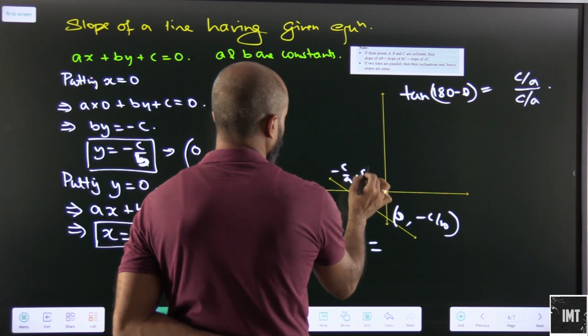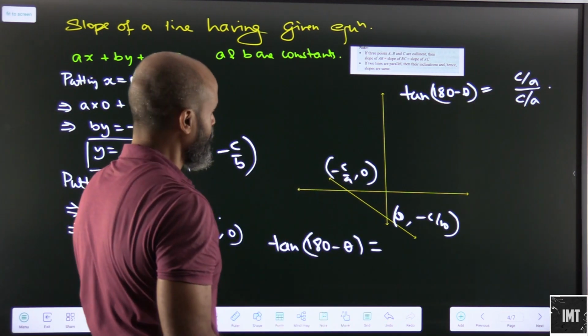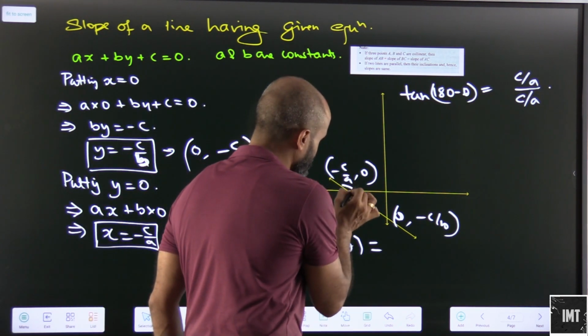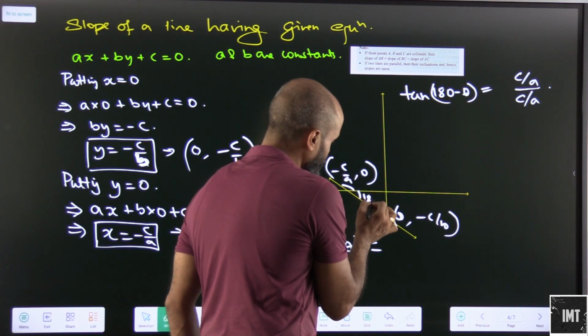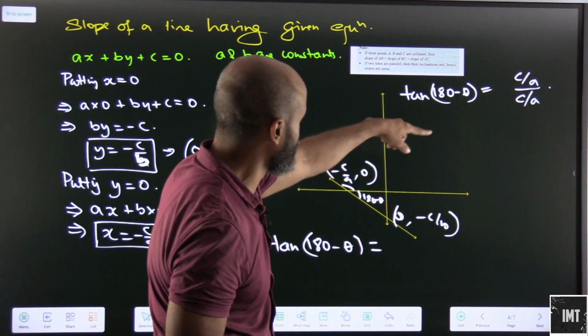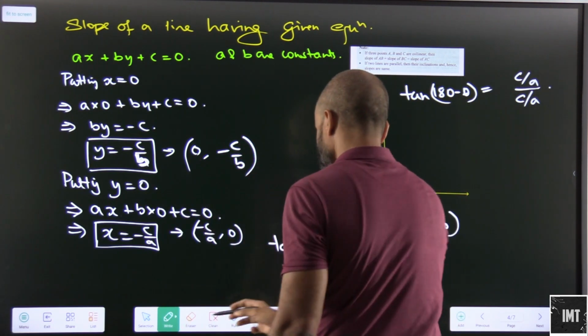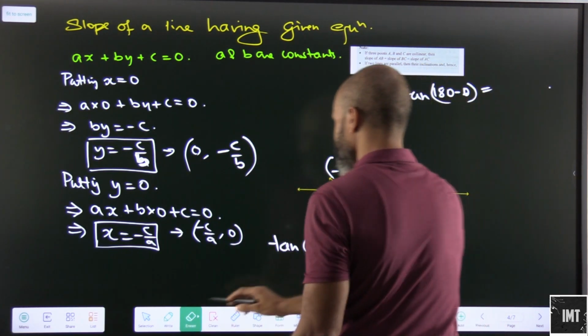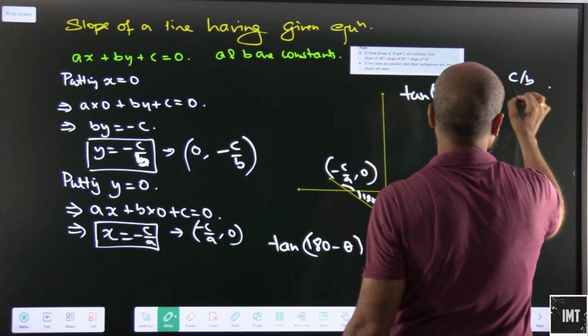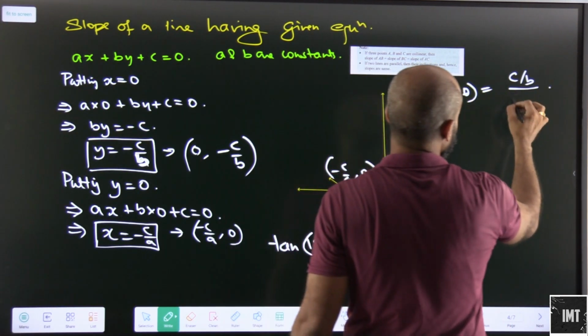Tan of 180 minus theta, this is basically theta, and this will be 180 minus theta. So this is going to be c by b upon c by a.